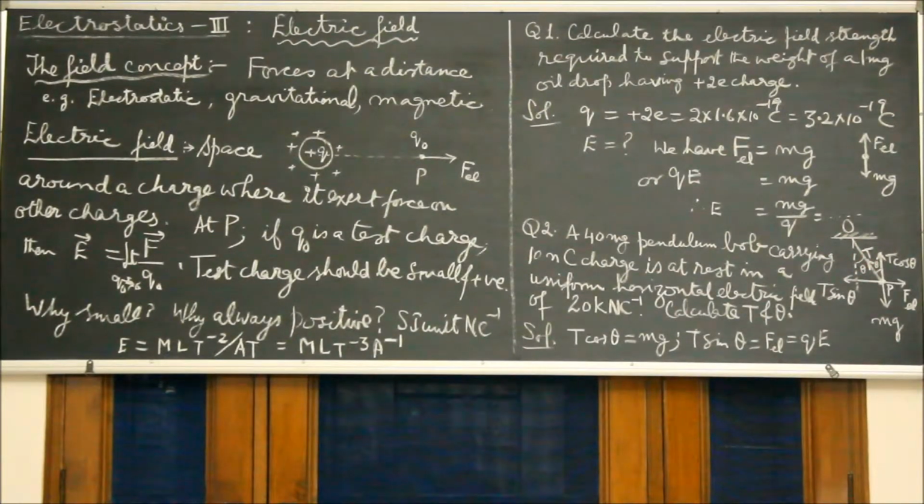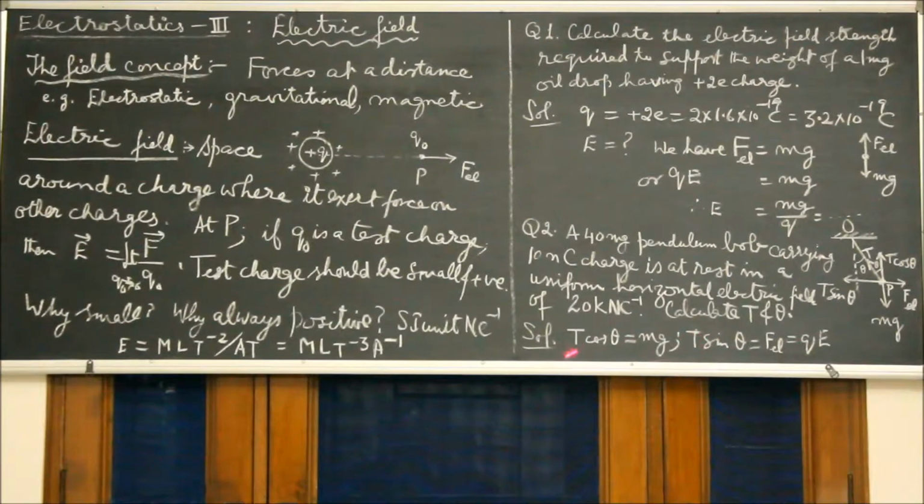In order to solve this problem, you have to resolve T into two components. A component along vertical, that is T cos theta, and a component along horizontal, that is T sin theta. As the pendulum bob is in equilibrium, you have T cos theta balancing the weight mg and T sin theta balancing the electric force or qE.